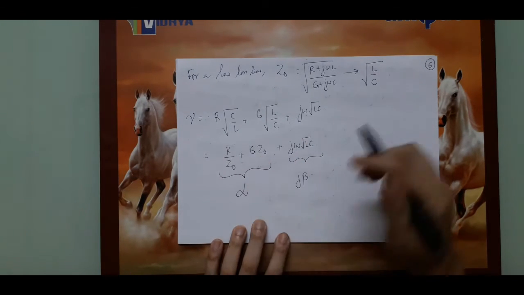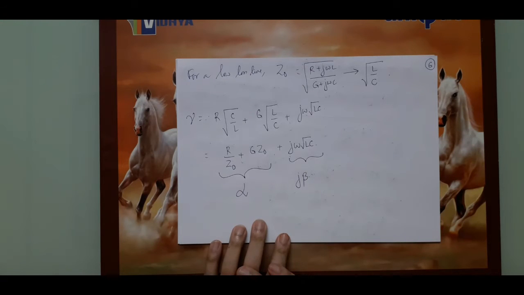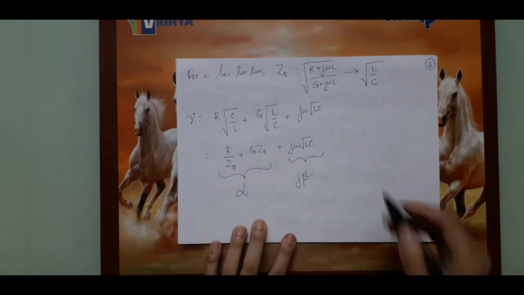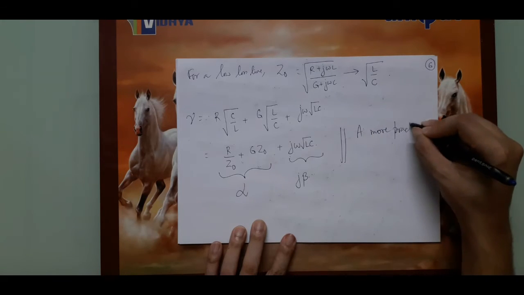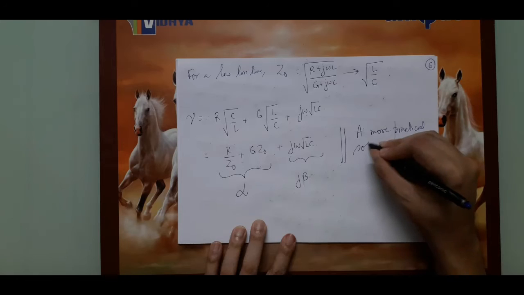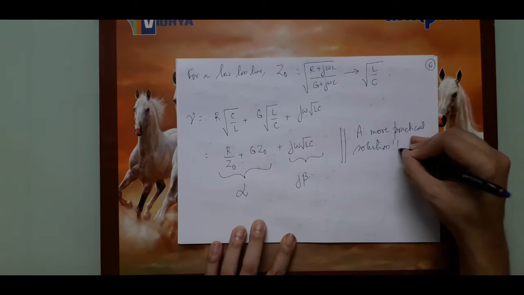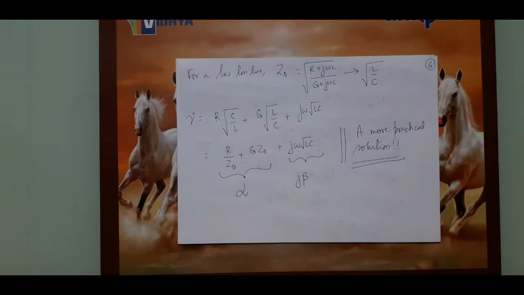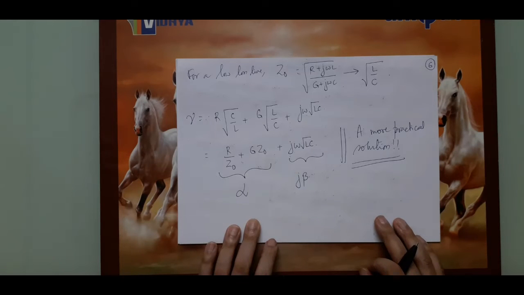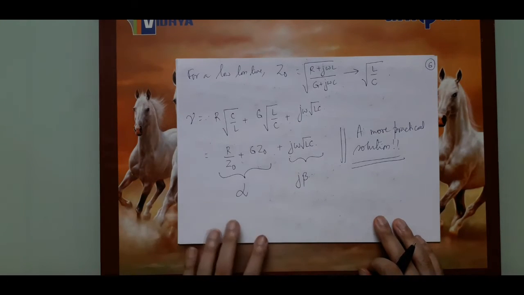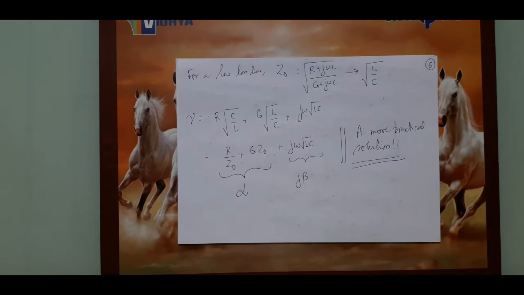So therefore this is a more practically viable solution, because at the same time it is not causing any major change in our analysis or assumption. Where beta stays the same old value, but we are now getting a value for alpha which is non-zero, but nonetheless a very small value, because R and G are very small.